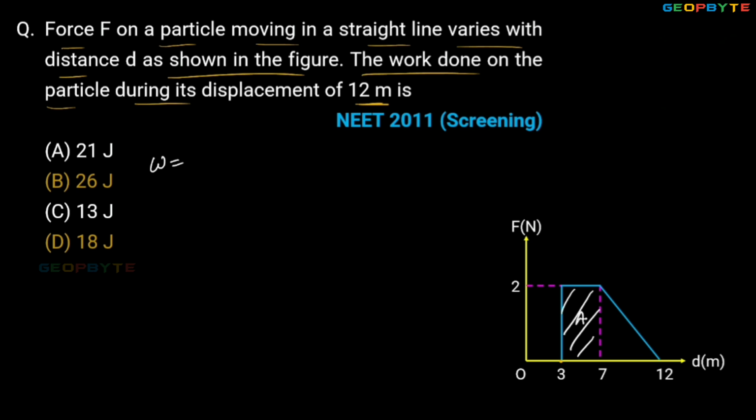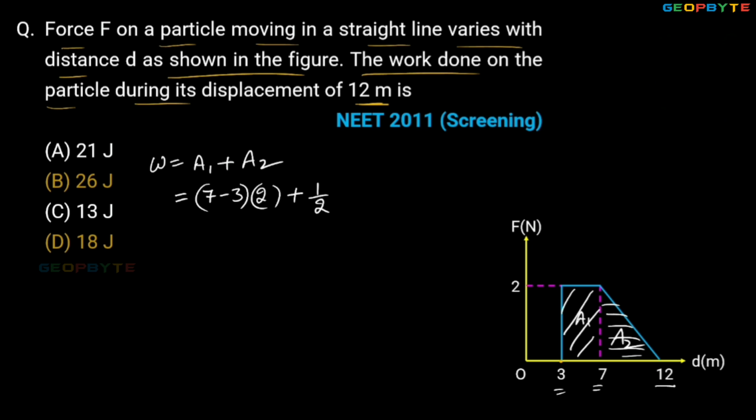So this is A1 and this is another area A2. Work done equals A1 plus A2. A1 is the rectangle area. Rectangle area equals breadth multiplied by depth. It is 7 minus 3, into depth 2, plus A2, that is the triangle, half into base into height.